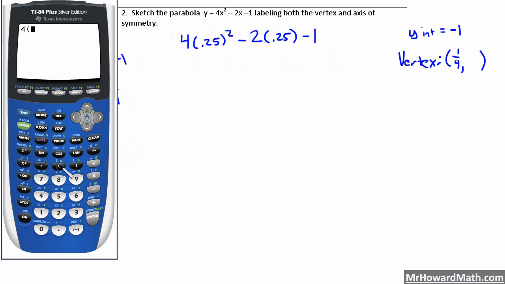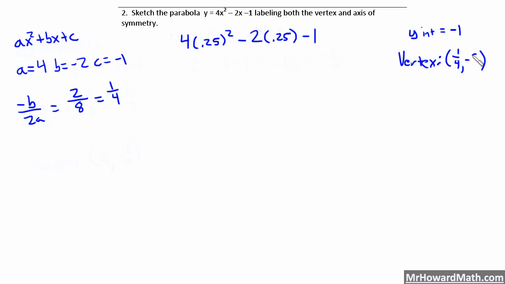So it's 4 parentheses 0.25 squared minus 2 times 0.25 minus 1. Okay, so math, enter, make it a fraction, it's better. -5/4.